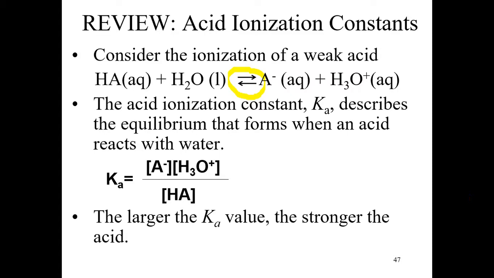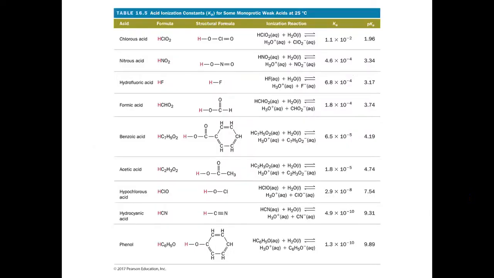So we saw that. And then we said that there's a table kind of like this one where you can see the different kinds of acids. The way you read this is on the left you have the name, then the formula, then the structural formula if you need it, then the reaction for the ionization.